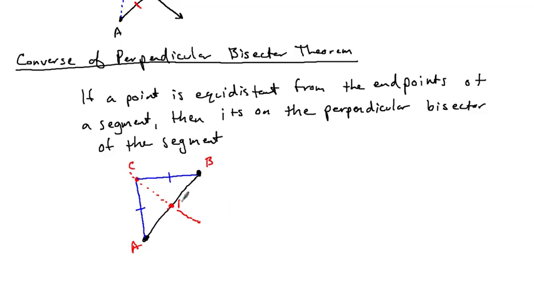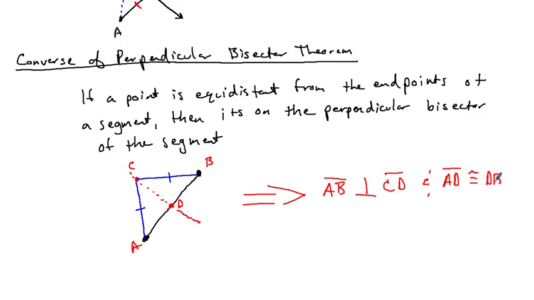So we'll make this a point D. And when you see a point that's equidistant from the endpoints, that implies that segment AB is perpendicular to segment CD, and segment AD is congruent to segment DB.